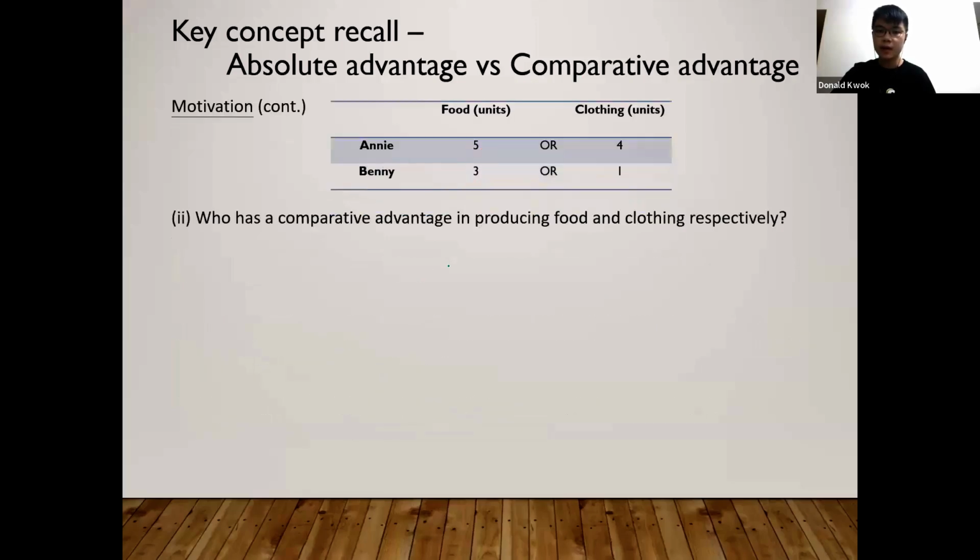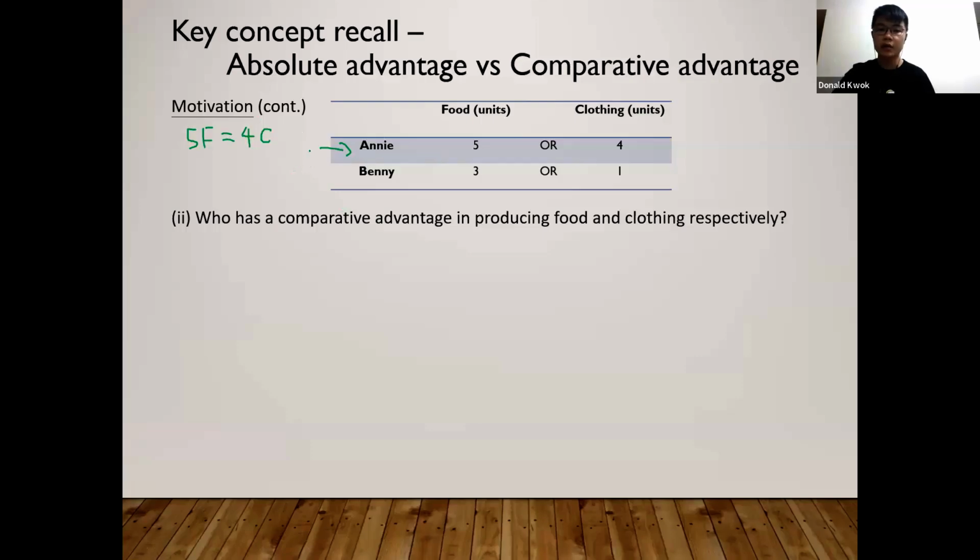The second part here is to determine who has the comparative advantage in food and clothing production respectively. As you may notice, we need to construct an opportunity cost table to determine this information. From the perspective of Annie, given 1 unit of resources, she can either use it to produce 5 units of F or 4 units of C. In other words, 5F is equivalent to 4C from the perspective of Annie.